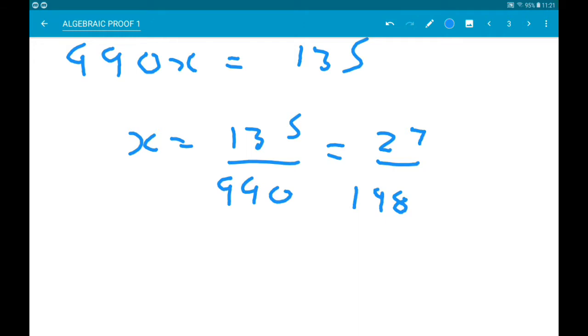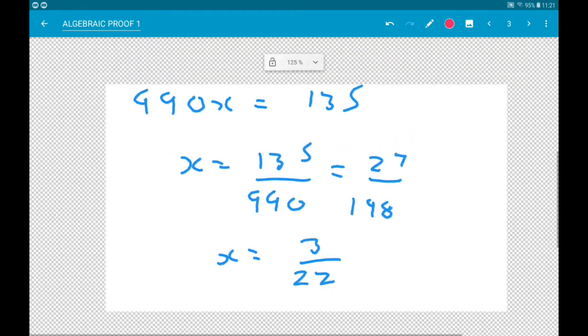Okay, now in that there is still a common factor of 9, so x is 3 over 22. Okay, so that's that side done.